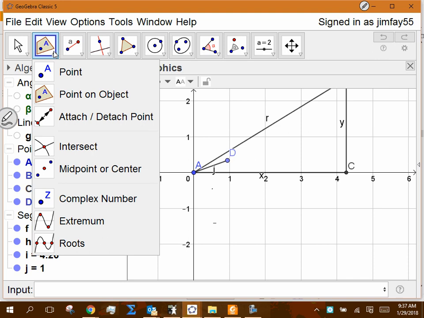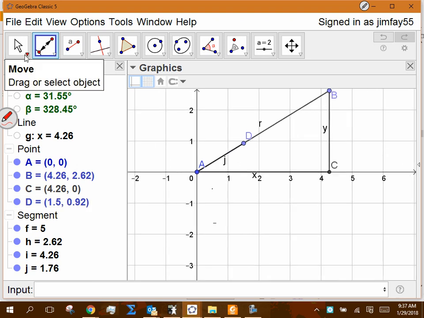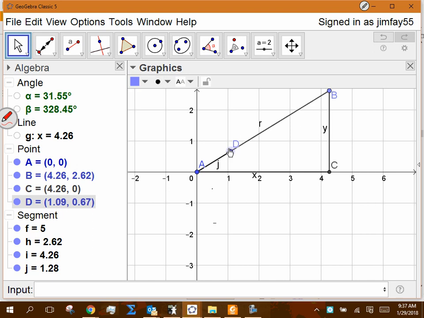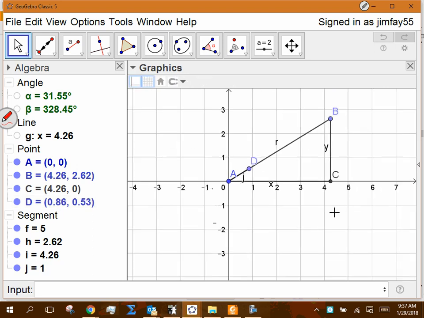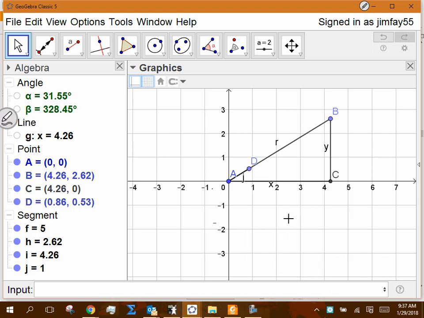Point. There we go. Attach. Well, I can't do what I want to do. But we're going to take that R and we're going to force it to be this length between A and D, which is now 1 unit, right?